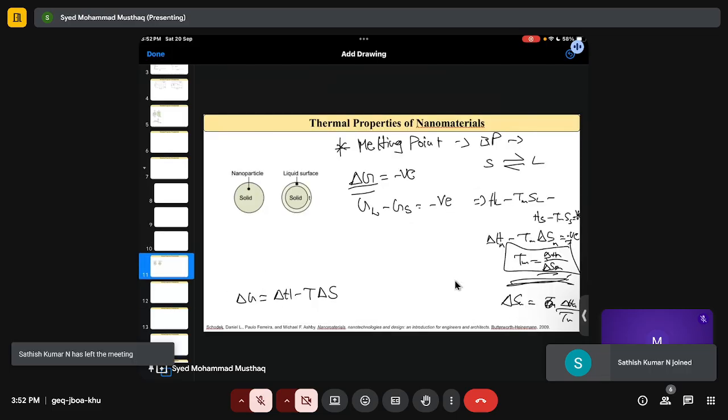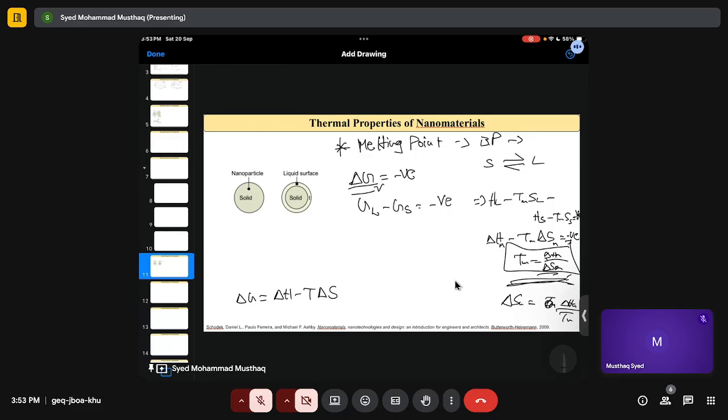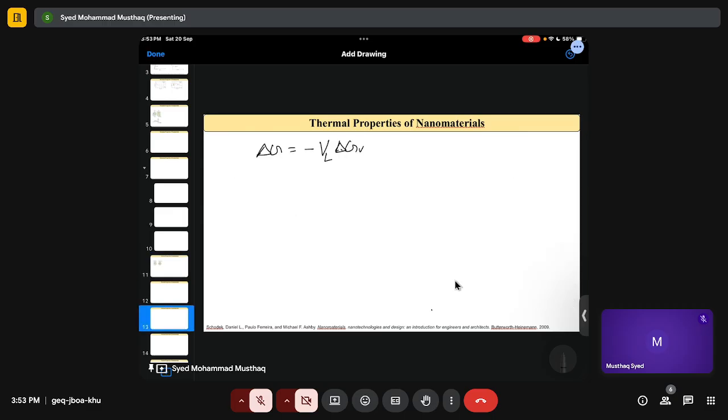This is my delta GV because we are not considering any area. That's why we write delta GV. We are just assuming a very big particle here. So that's why we write the term delta GV, plus.